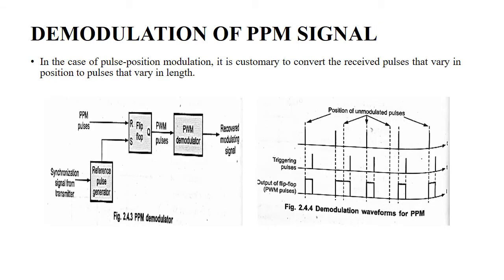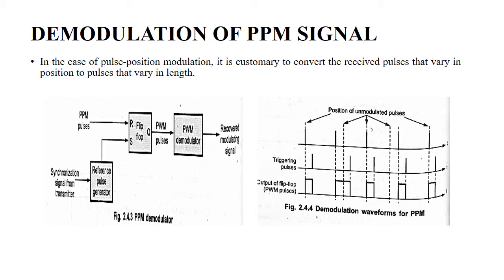Demodulation of the PPM signal. In the case of pulse position modulation, the received pulses that vary in position are converted to pulses that vary in length. One way to achieve this is that a flip-flop circuit is set, or turned on, when the reference pulse arrives. This reference pulse is generated by the reference pulse generator of the receiver, with the synchronization signal from the transmitter.